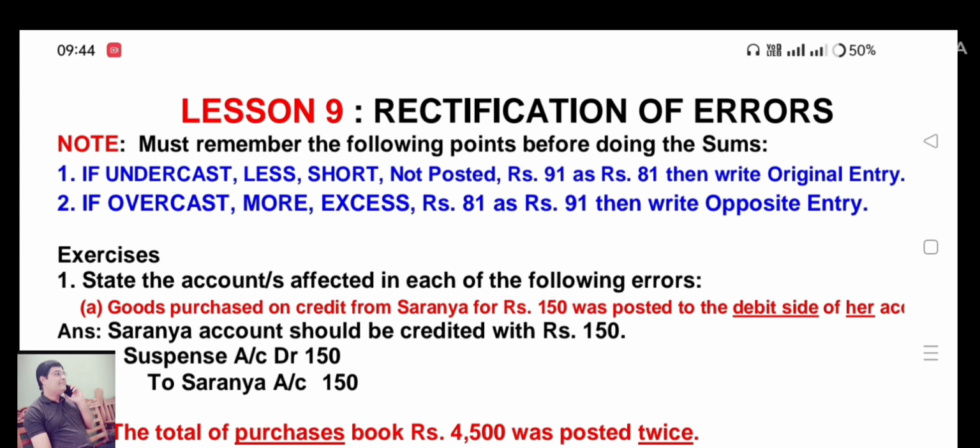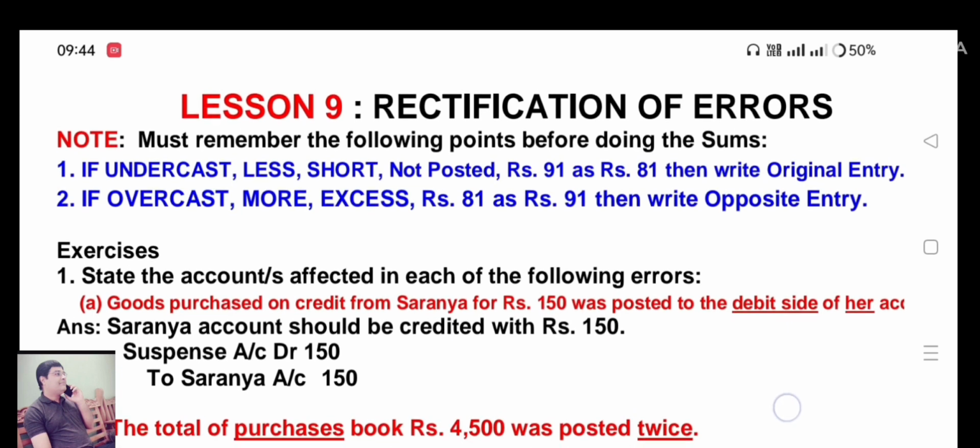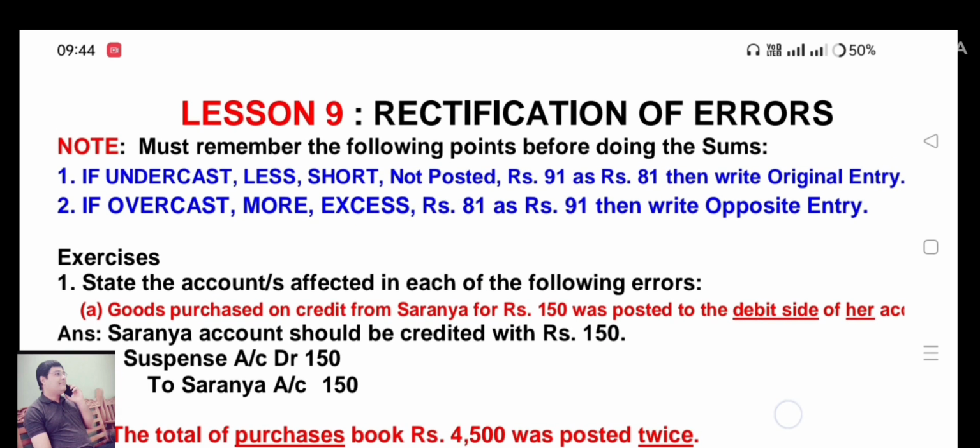So all the exercise sums are done in this chapter in a very easy way. Before starting this chapter, you must remember the following points. You must note them down in your notebook.